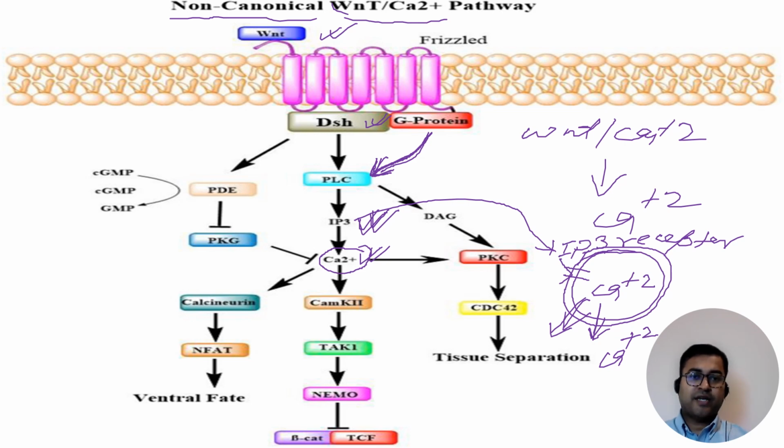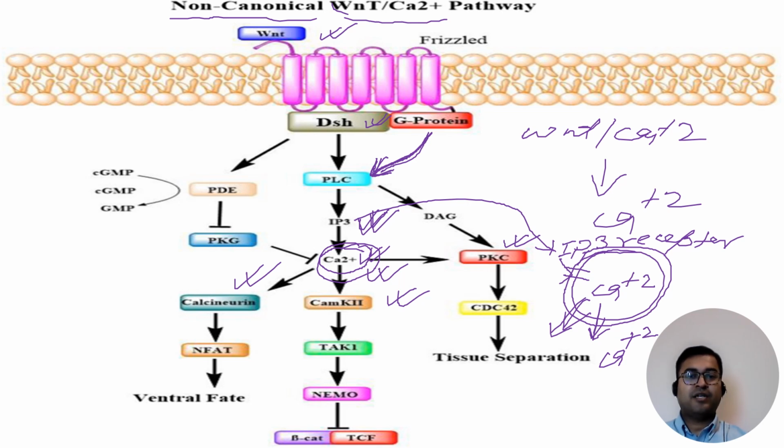Now this release of calcium ion in the cytoplasm is going to mediate many calcium-regulated pathways. It is going to activate the calcineurin protein, it is going to activate CAMK2, and it might also activate PKC. So this increase in calcium might have multiple effects.